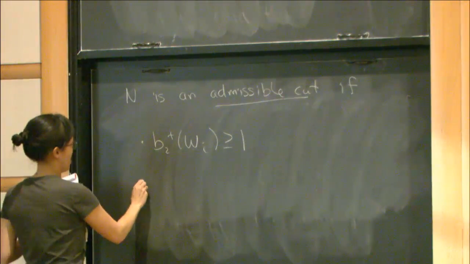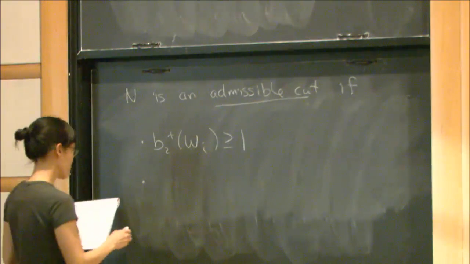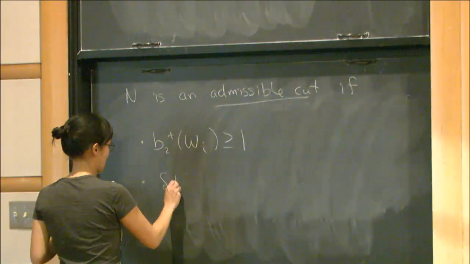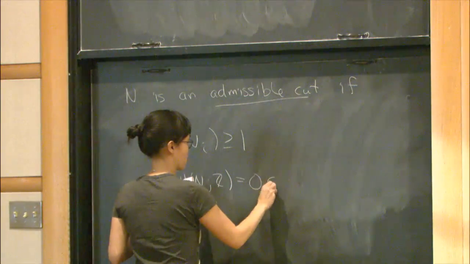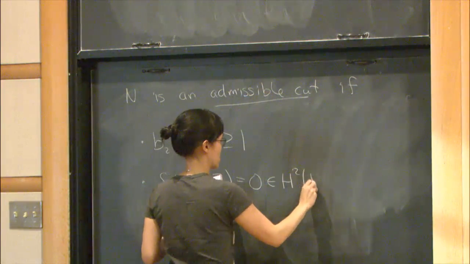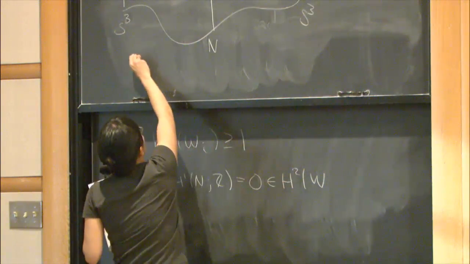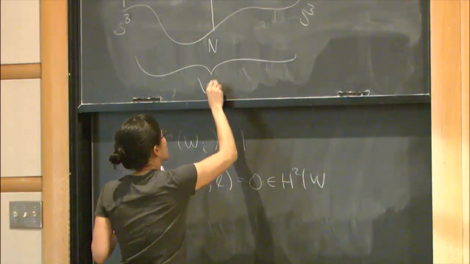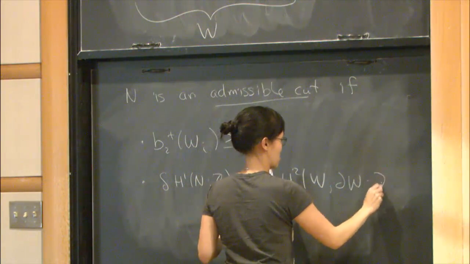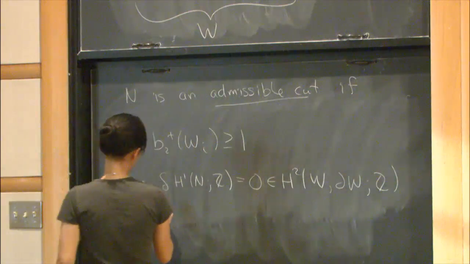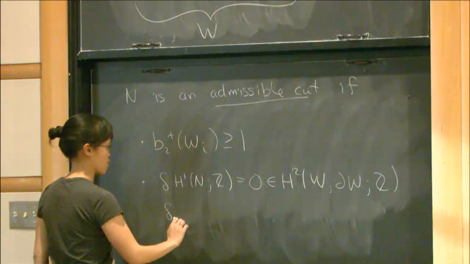And there's also this sort of technical condition. We need delta of h1 of n to be 0 in h2 of w. Let's call this whole thing w, where here delta is the co-boundary map in the relative Mayer-Vietoris sequence.